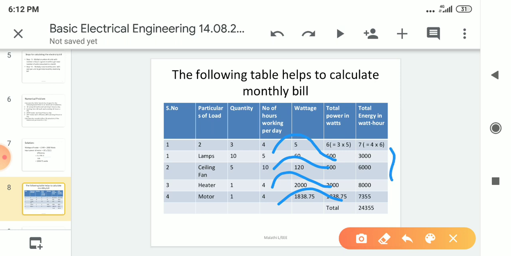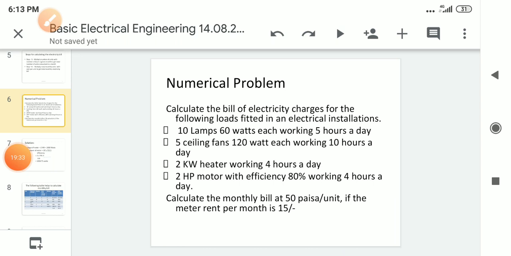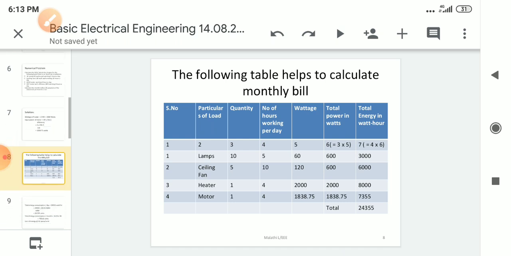After that calculation, we calculate the total energy. With the help of this table we have calculated the energy in watt hours. But what is our standard unit? Our standard unit is kilowatt hour.